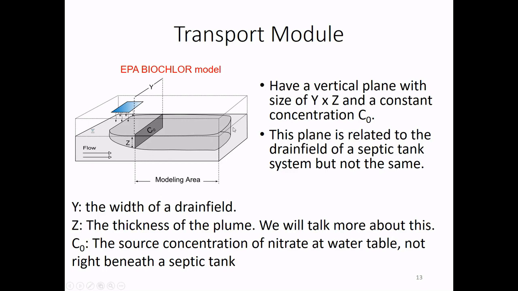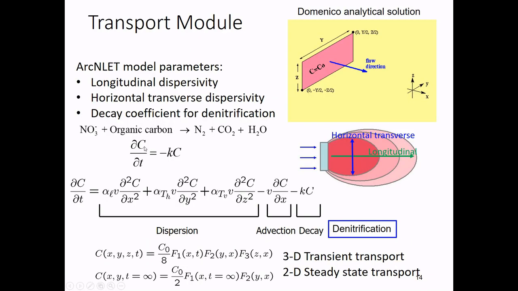We know it's a 2D flow we're simulating, and then we expand it into 3D by using this imaginary depth z. And then we're going to see, okay, so even if it's 2D flow, how are we going to calculate the plume from this plane into this aquifer, right?